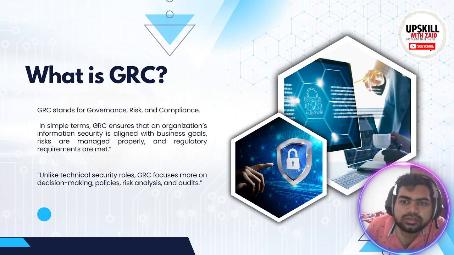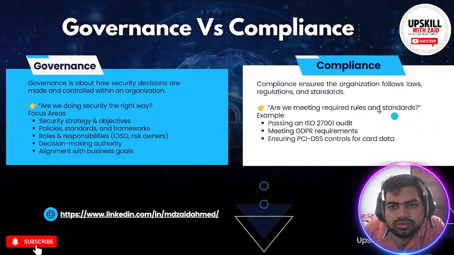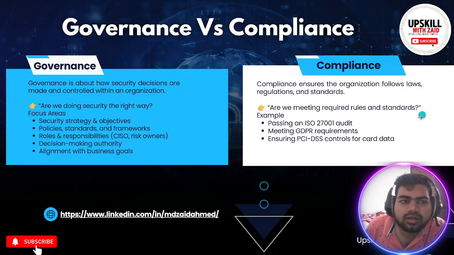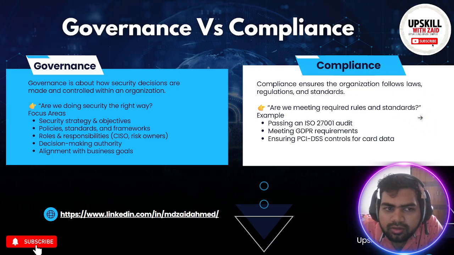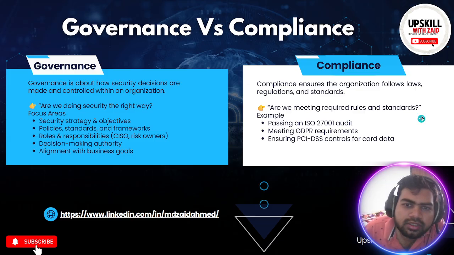Moving forward, let's understand the key difference between governance and compliance. These are two terms where people get confused. Governance is all about how security decisions are made and controlled within an organization.